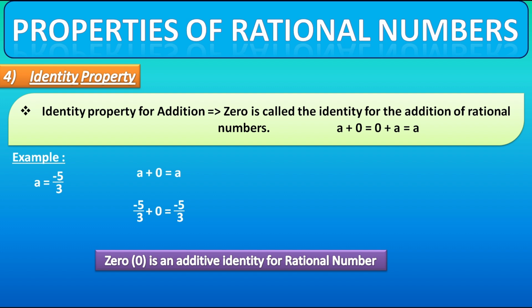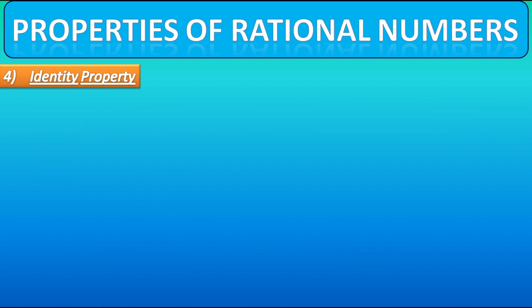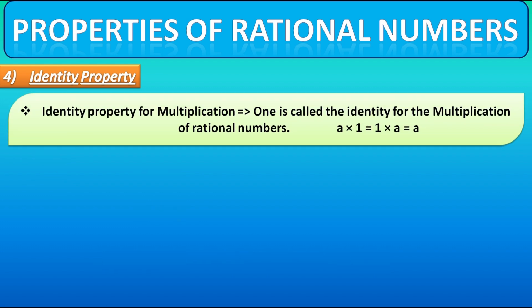Okay. Now we have one more identity property, that is for multiplication, that is 1. 1 is called the identity for the multiplication of rational numbers, because whenever we multiply any rational number with 1, we will get that rational number only as the answer. I am taking here the example as minus 2 upon 7.